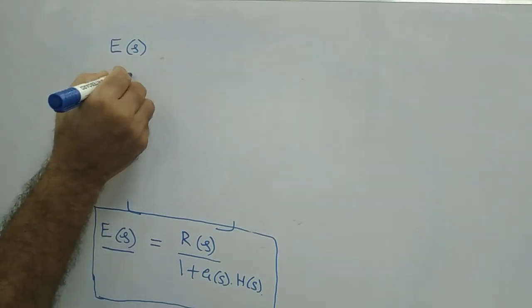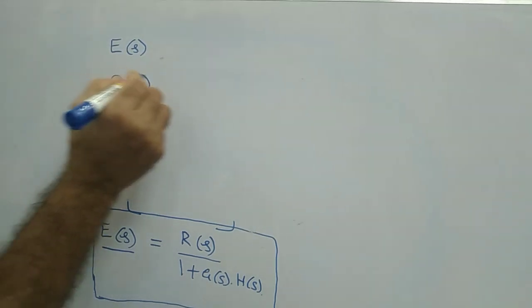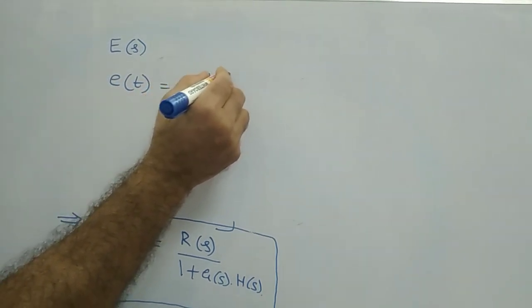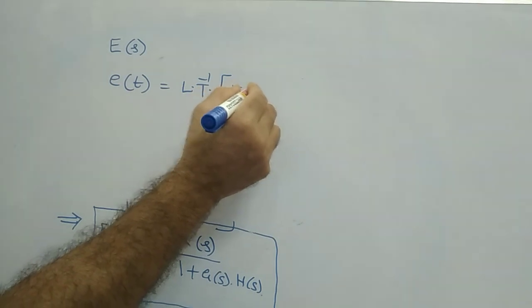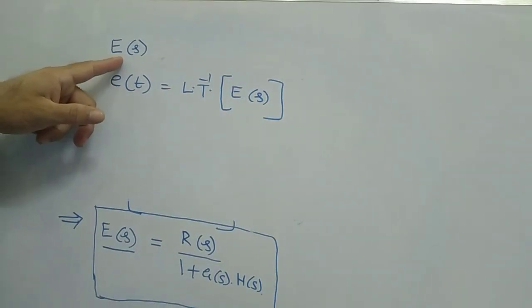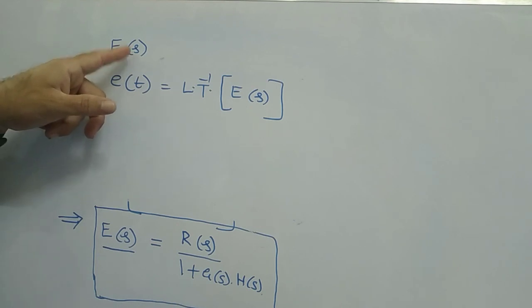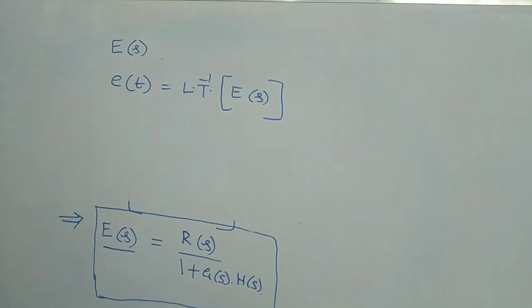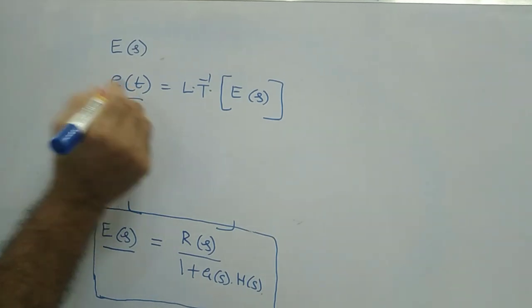If I want E of t, then you must apply the inverse Laplace transformation to E of s. Then that becomes E of t, the error signal in the time domain.